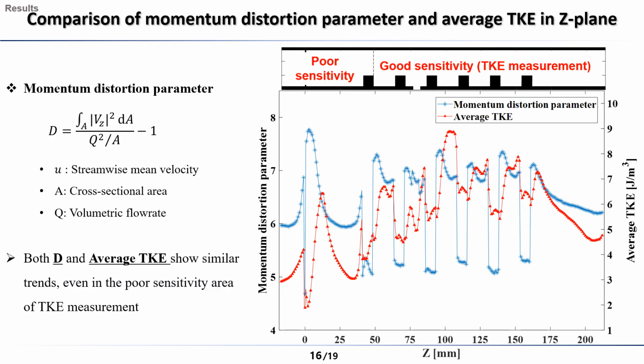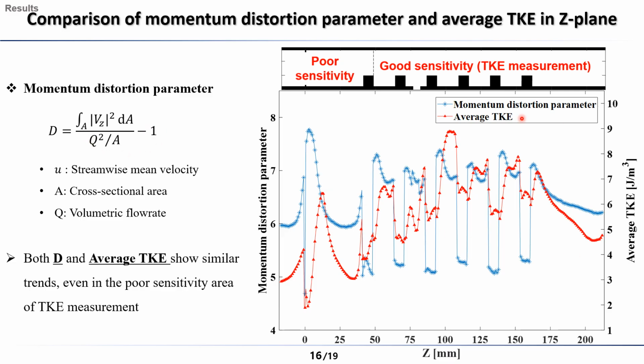And the momentum distortion parameter is the dimensionless parameter used to quantify the distortion in the velocity profile and is defined as follows. It is calculated based on the difference between the actual momentum distribution and that of a uniform flow.